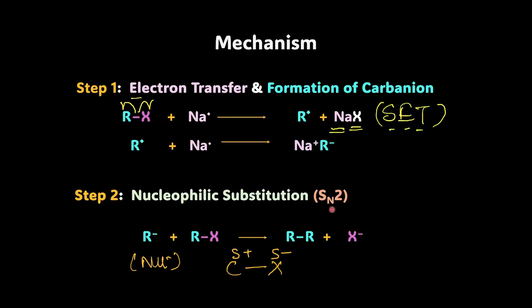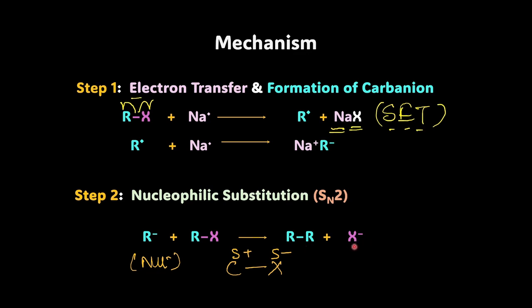If you haven't, don't worry. When you do haloalkanes, you learn about this nucleophilic substitution bimolecular reaction in much more detail. But here, all that you can understand is this nucleophile attacks from the back side, leading to this carbon-carbon bond formation, and hence what happens is a coupling reaction, wherein step 2 is a simple nucleophilic substitution.